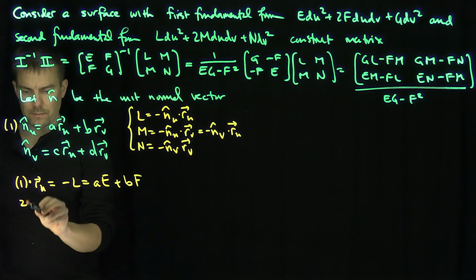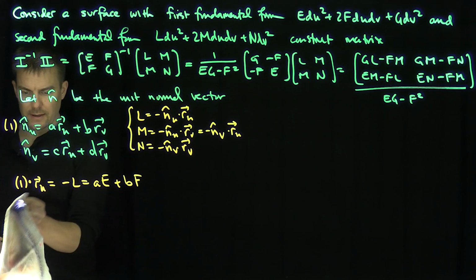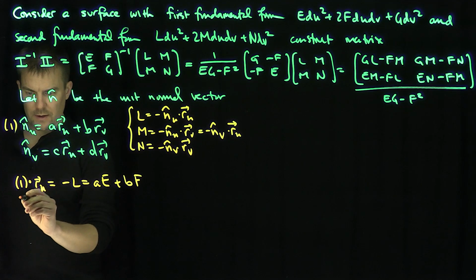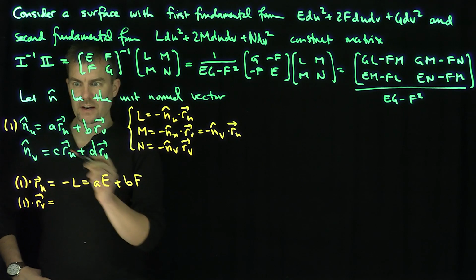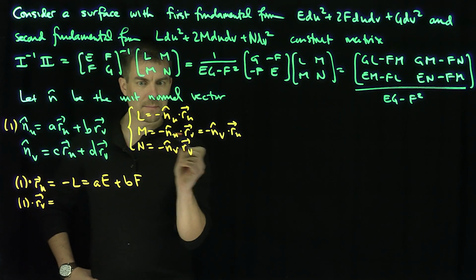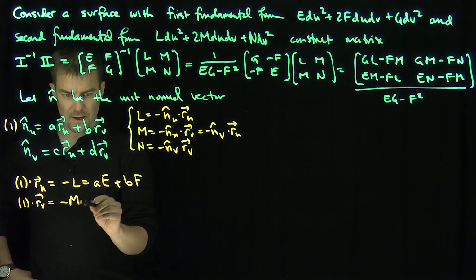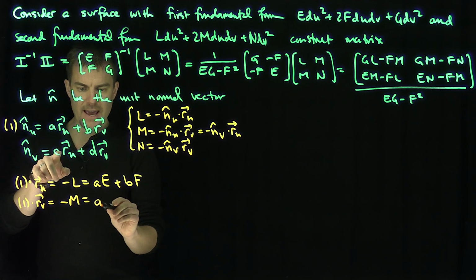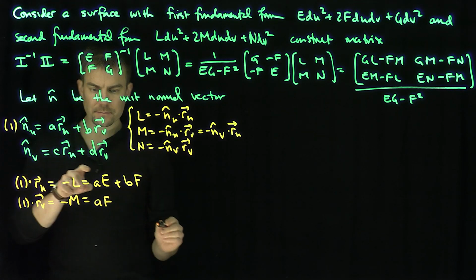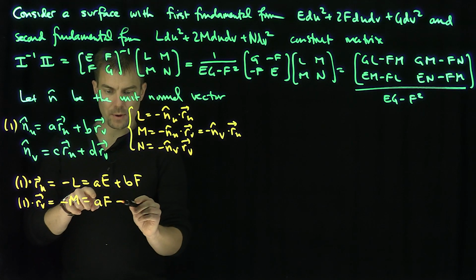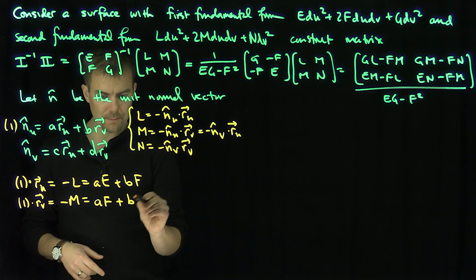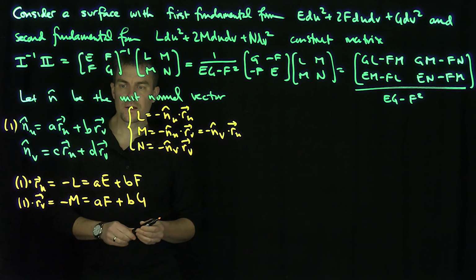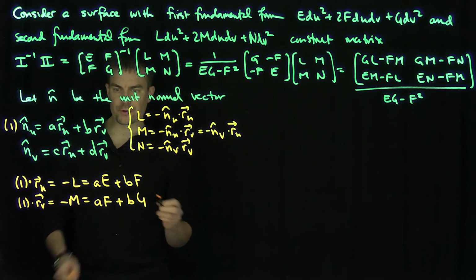I can do 1 dot Rv, which gives me negative M is equal to AF plus B times G, okay? Now I have two equations and two unknowns, so I can use Cramer's rule, right?